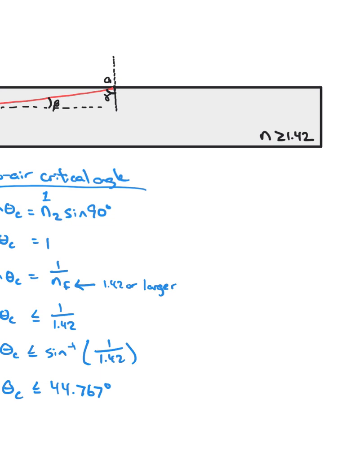Now, I want to try to analyze gamma, this angle here. I have to show that that angle is bigger than the critical angle, and therefore total internal reflection happens.